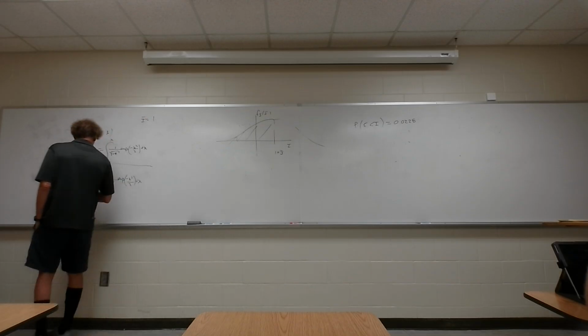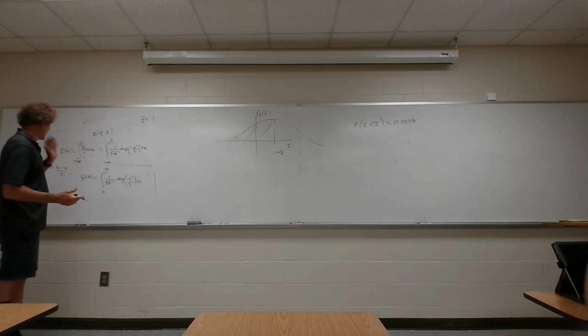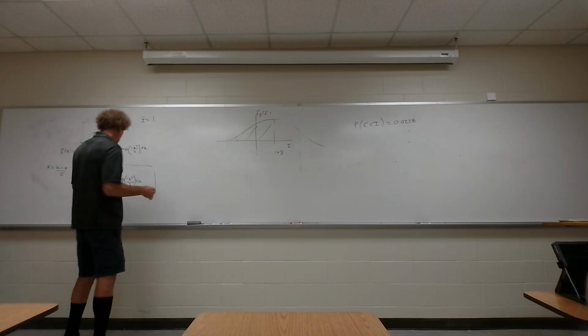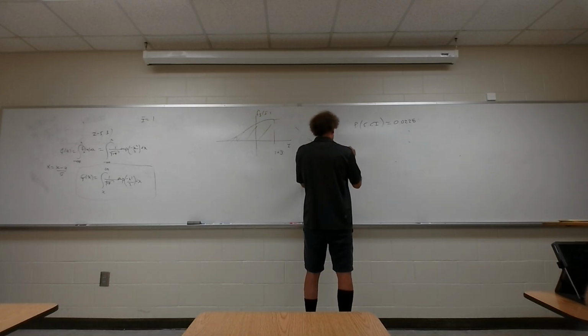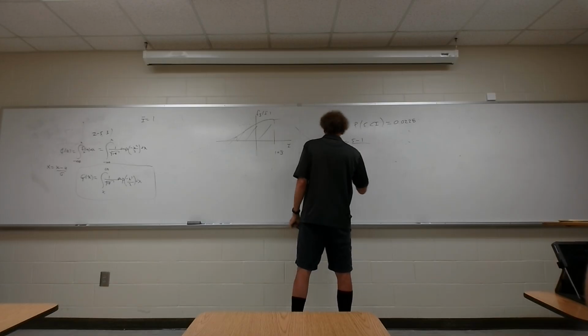He has tables with these values in them. The tabular way to do it is to create the variable x equal to 5, minus the mean value, which is 1, over the standard deviation.